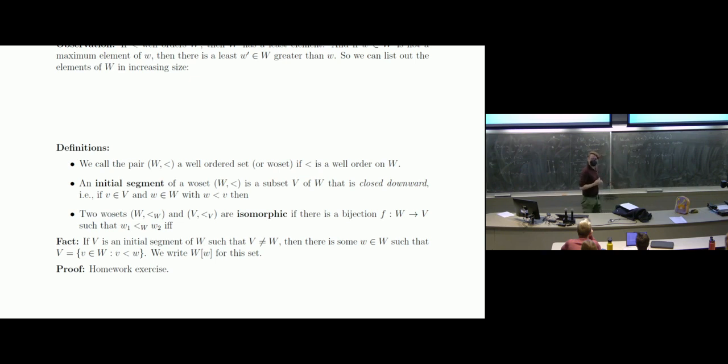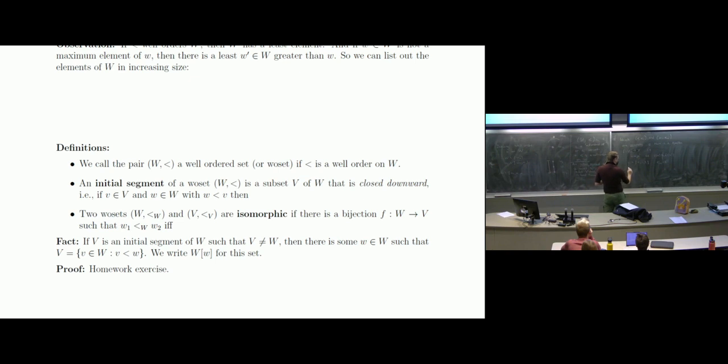So an example of isomorphic sets would be: take W, the set {0, 1, 2}, and less than is the element relation, for instance. So this is the standard less than relation on this set. 0 is less than 1, 1 is less than 2, nothing else, welcoming transitivity.